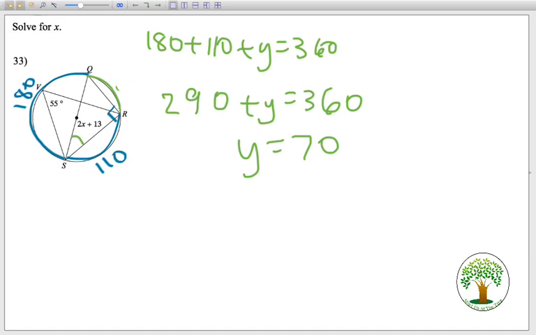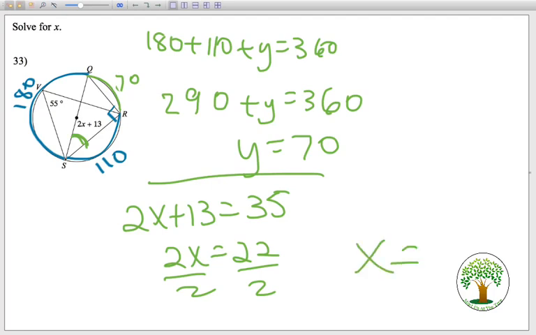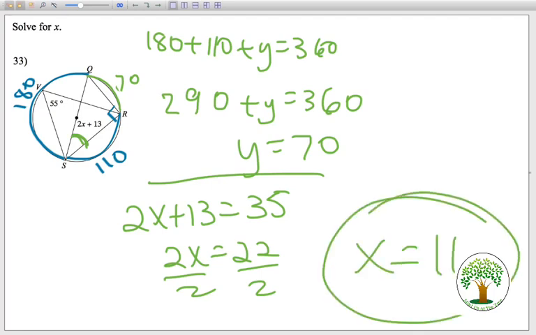So this is 70 degrees, and that's half of it, which is 35. So that 2x plus 13 will equal 35. Subtract the 13 to the other side and you'll get 22. Divide by 2, x equals 11.